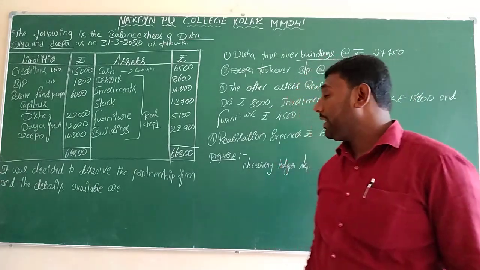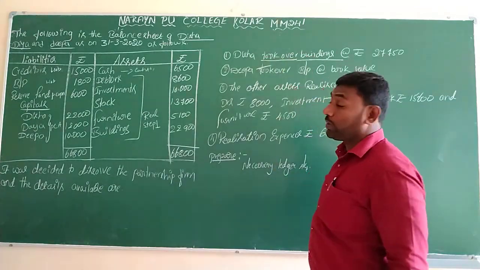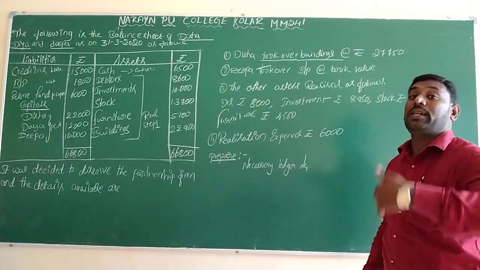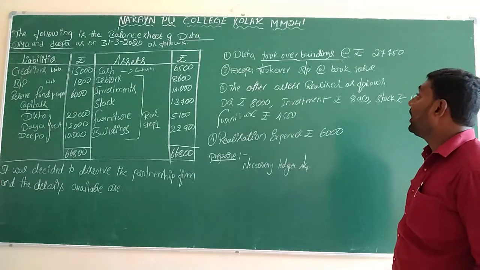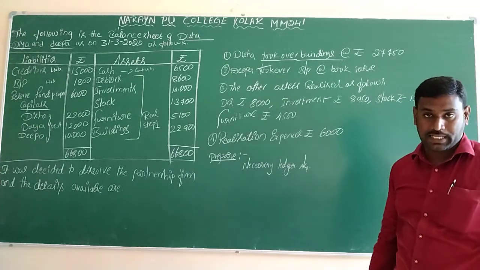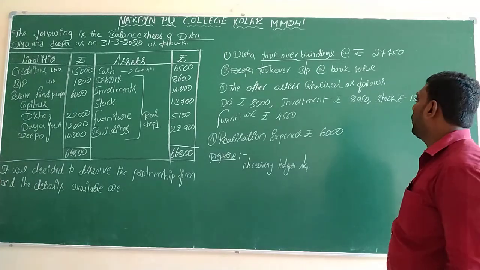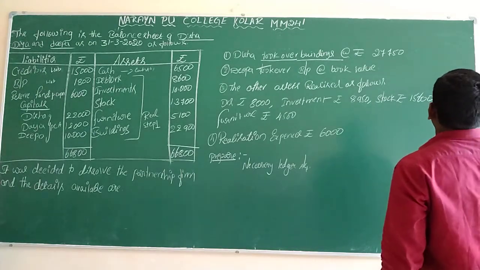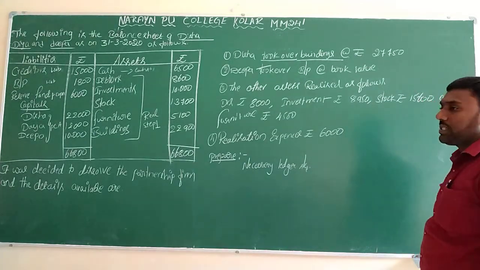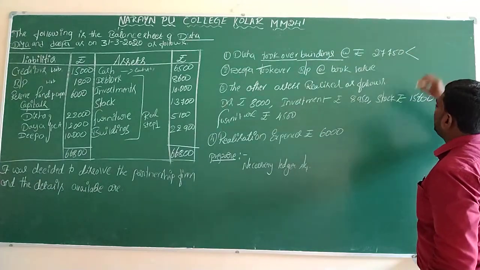Disha took over, what is she going to take? Took over means the partner has taken over from the business. What has she taken over? She has taken over buildings. Buildings is an asset. Therefore, the asset is taken over at rupees 27,750.